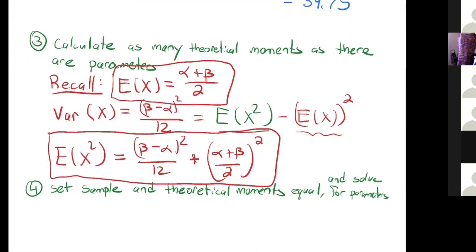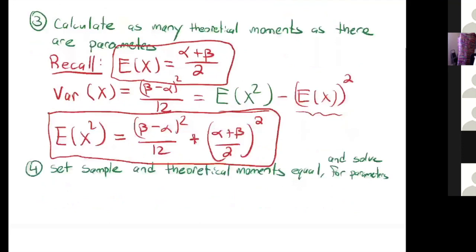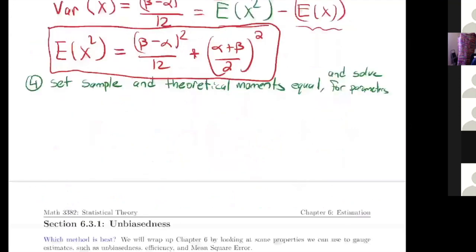Okay, and so then our equations are going to be: we have the first theoretical moment, alpha plus beta over 2, which should equal the first sample moment, which was 5.25.